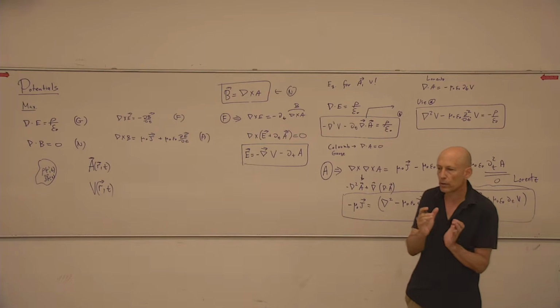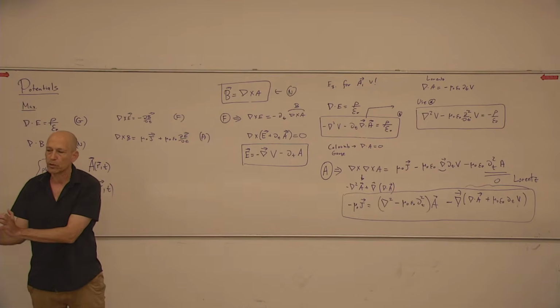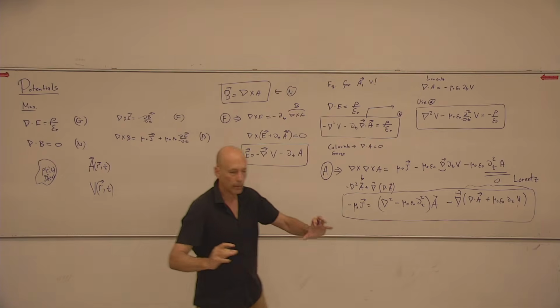Like you have x, y, z, and ct, now we have Ax, Ay, Az, and the potential V. They all come together. It's like a four-dimensional object.